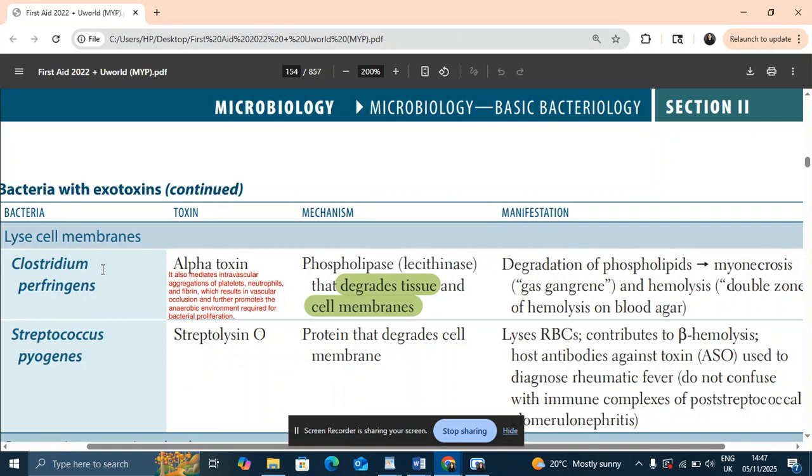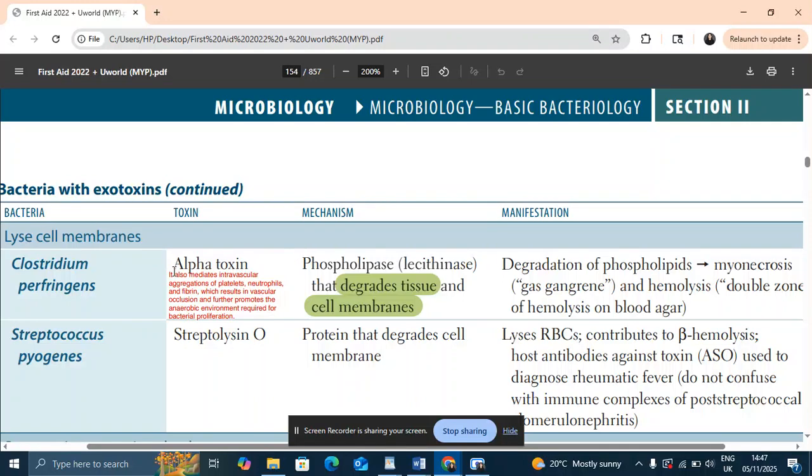And what is alpha toxin? Alpha toxin is a lecithinase, a phospholipase. From the name, it is very clear: lipase means it's going to break down the phospholipid membrane. So it breaks down the phospholipids in the cell membrane, and then it causes cell destruction and tissue necrosis, and hence hemolysis.